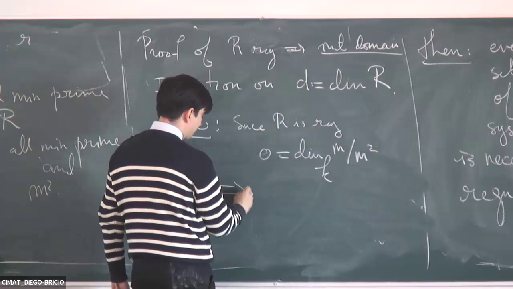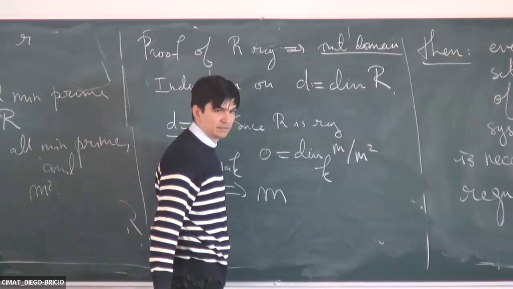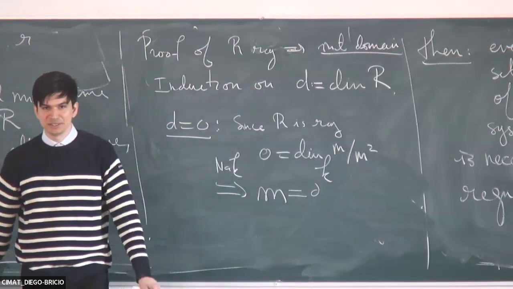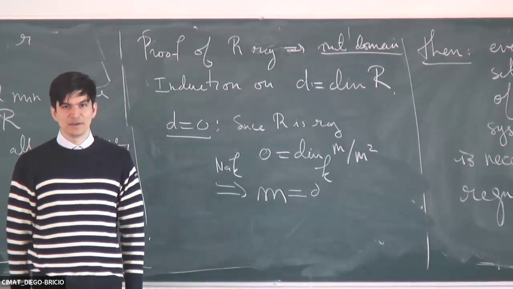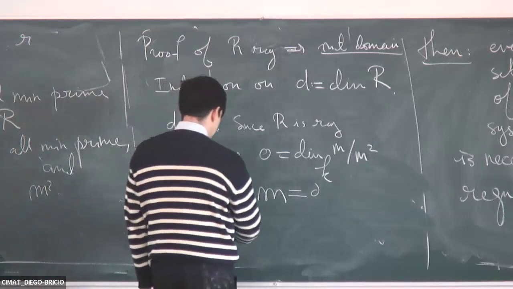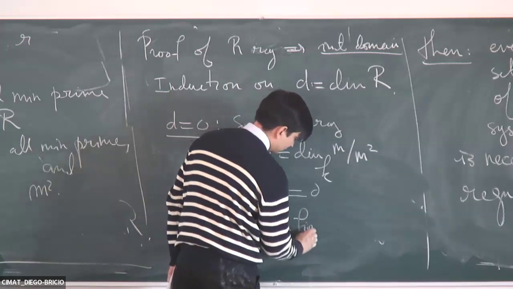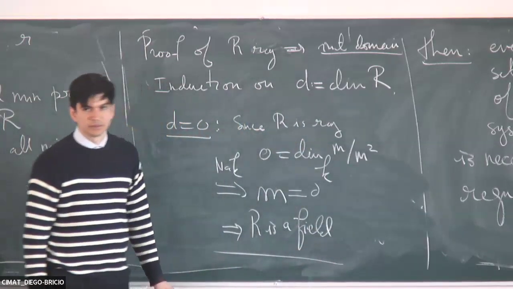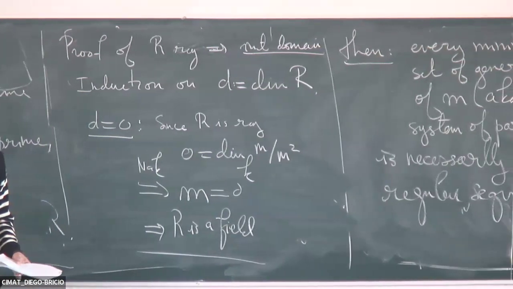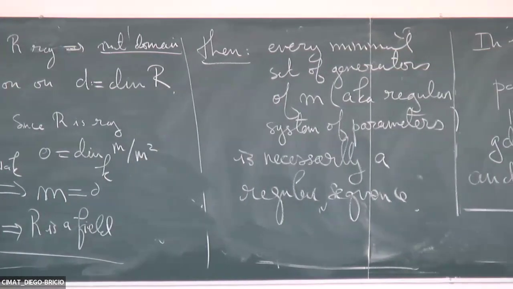But by Nakayama's lemma, that implies that n itself is 0. So it's a local ring whose maximal ideal is 0. That's a field, right? So this implies that R is a field, and in particular, an integral domain. And I claim that's the hard step of this proof because of the lemma, of course.